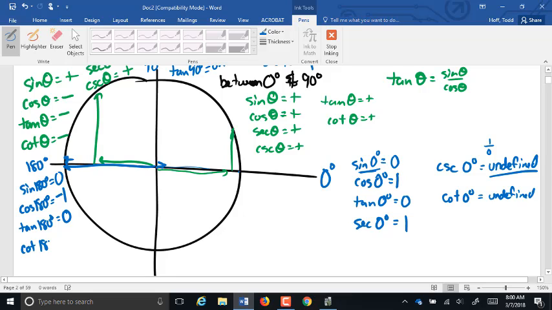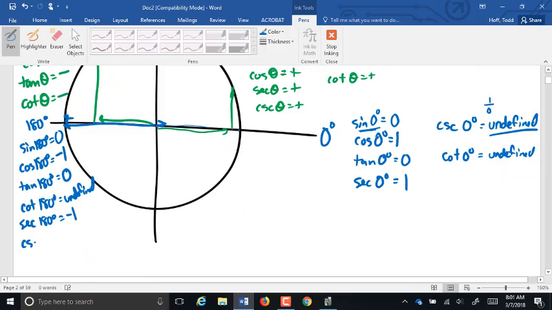Cotangent, however, undefined. Secant is 1 over cosine. What's 1 over negative 1? Negative 1. And cosecant. Cosecant is 1 over sine. Sine is 0, so 1 over 0 is undefined.